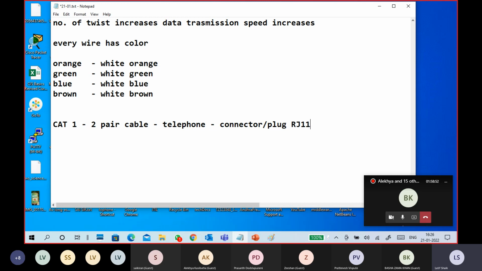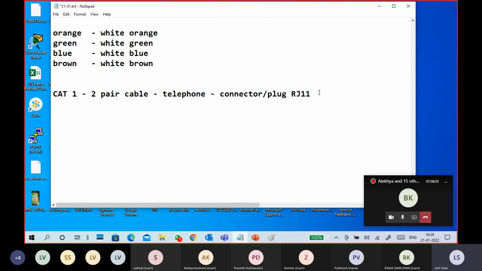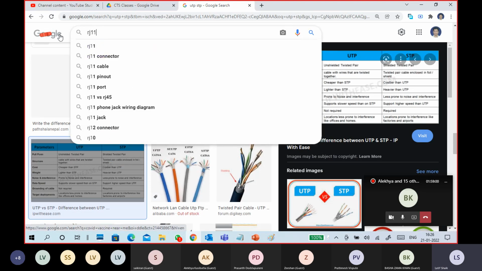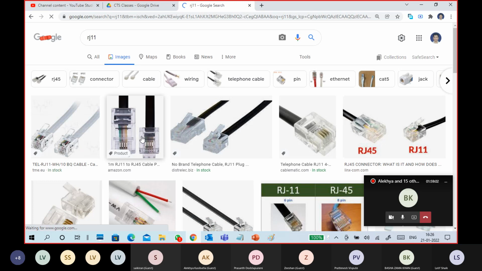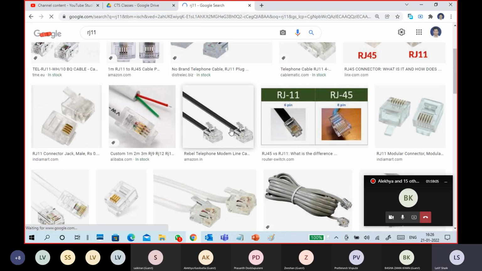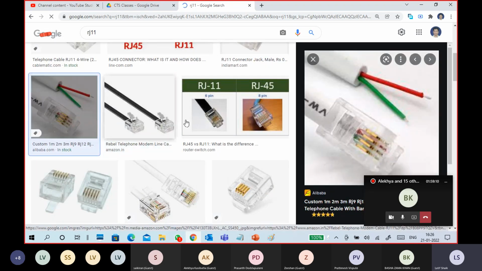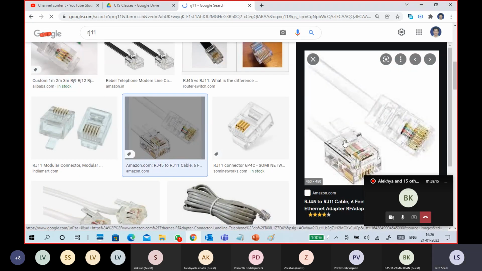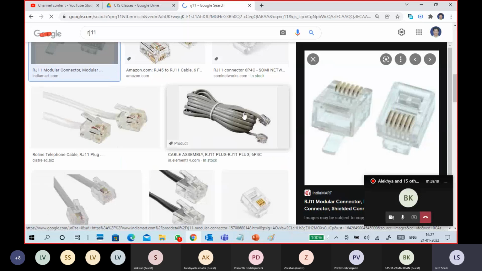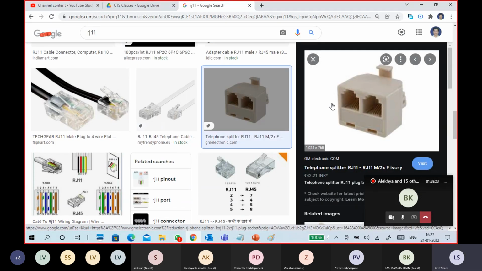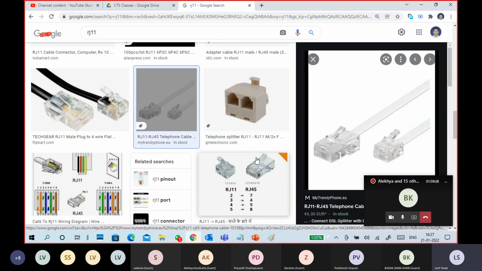It's a very small connector. Maybe you remember it from the olden days, and some places still use it. This is the RJ11 plug or connector, and this is the socket. This is the plug. RJ11.